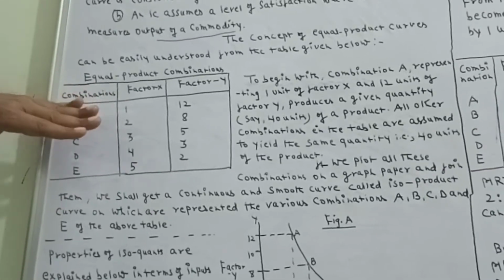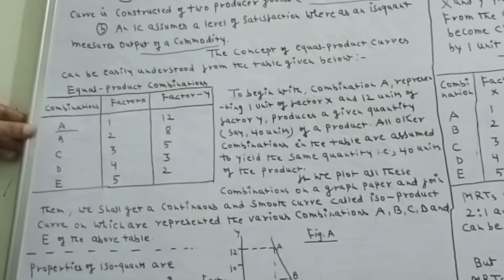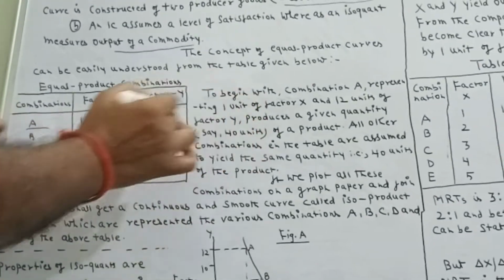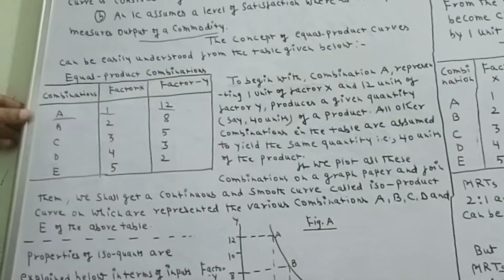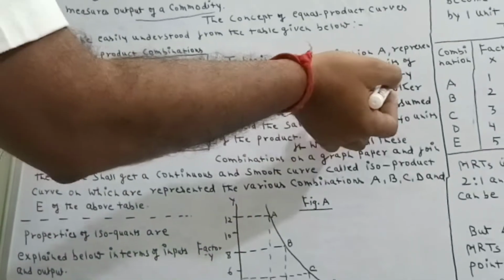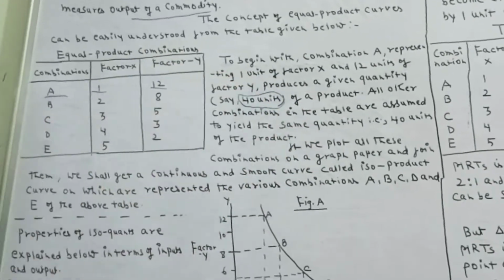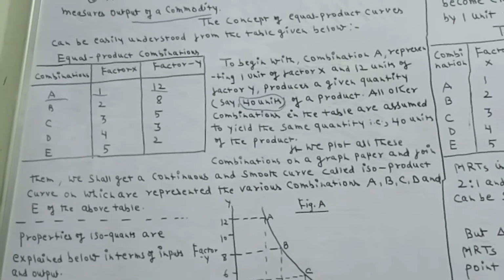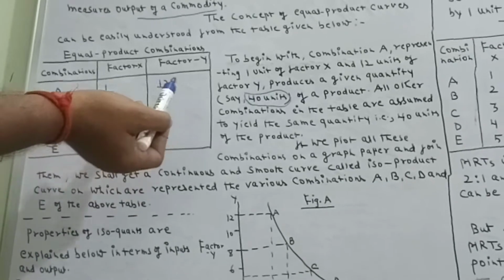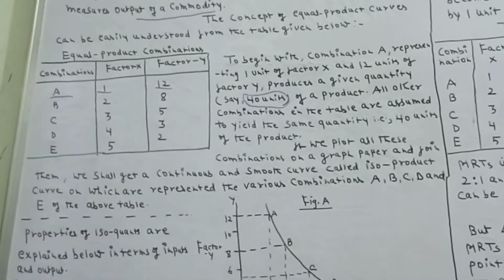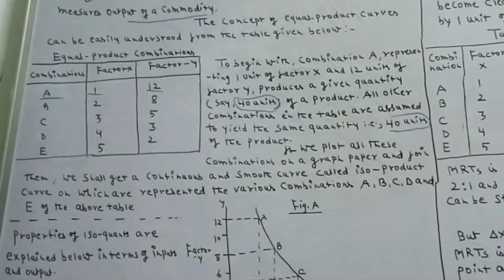To begin with, combination A represents 1 unit of factor X and 12 units of factor Y, which produces a given quantity, say 40 units of a product, and all the combinations in the table are assumed to yield the same level of output, that is, say 40 units of the product.